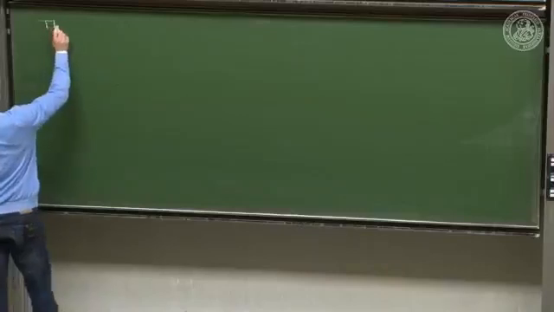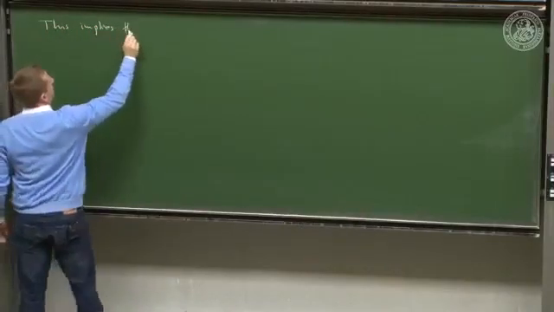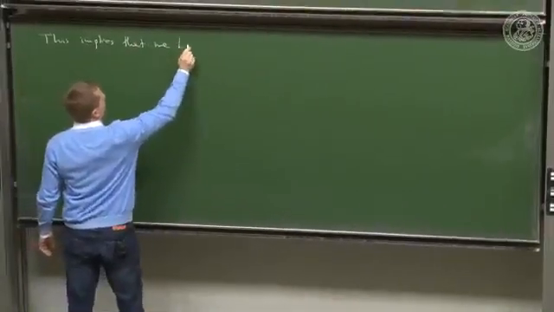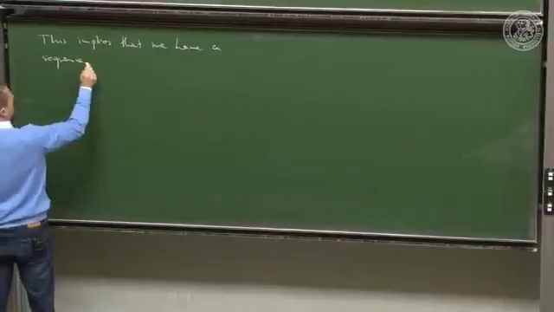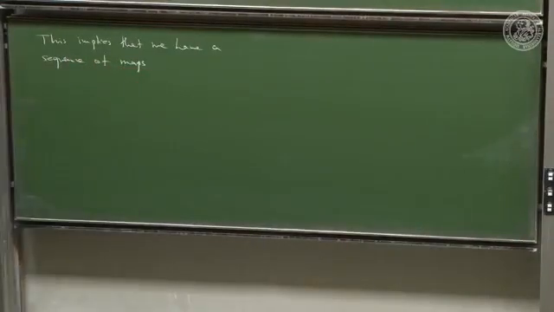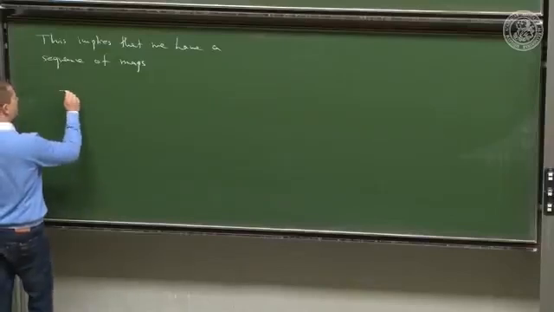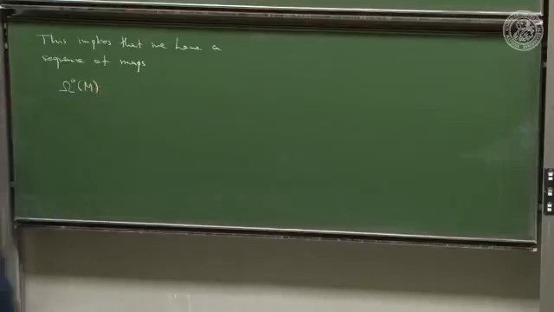This implies that we have a sequence of maps. So now let's be careful. I start out, well, almost, with the 0 forms, that is the smooth functions.